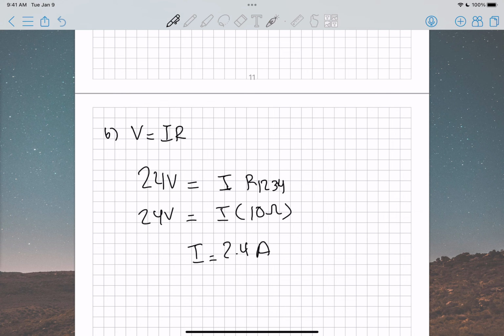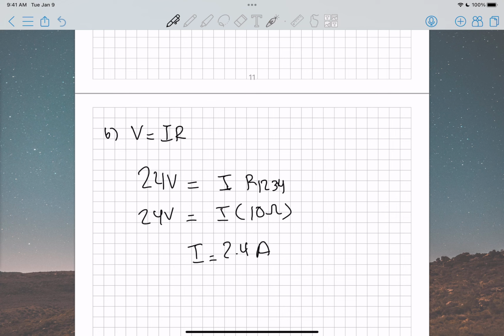I want to find the current. I have a resistor, R1, and I know R1 is in series with the battery. So couldn't I just do 24 volts is equal to I times the resistance 1, so 24 divided by 5? No, you cannot do that.